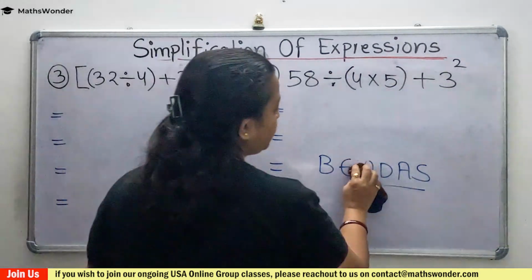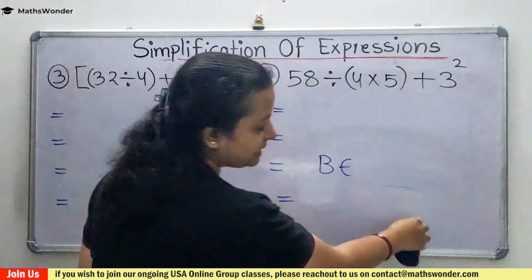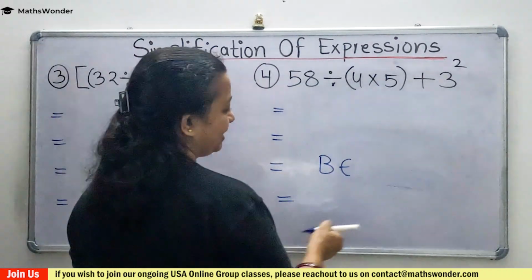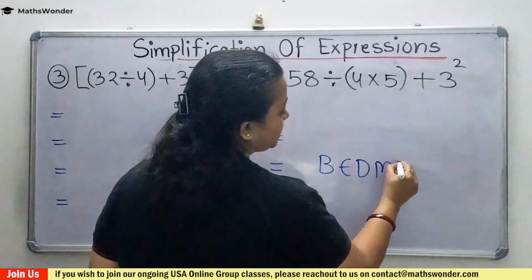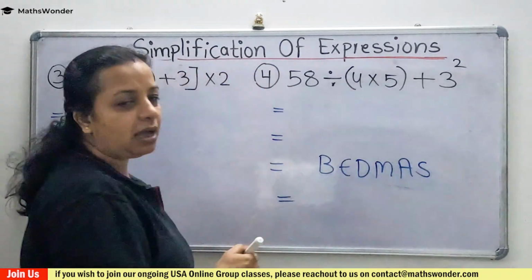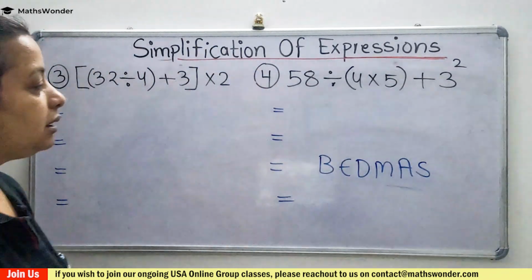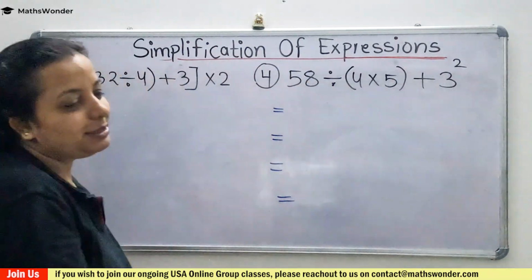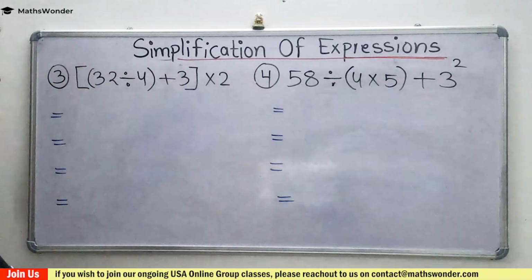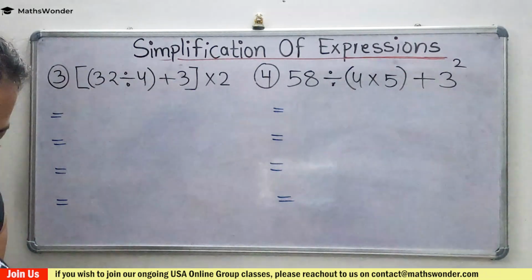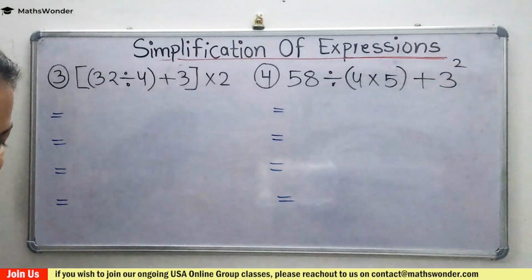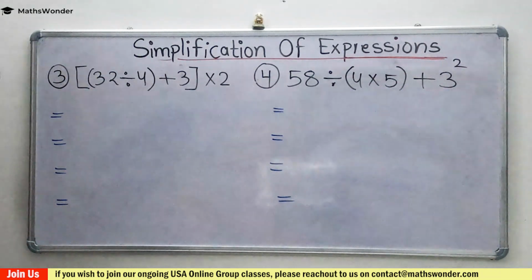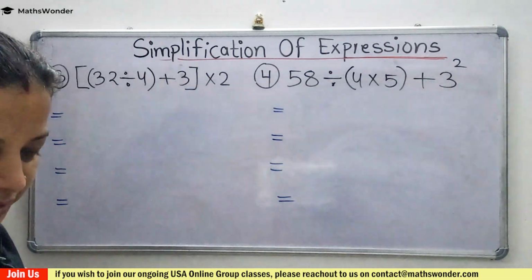Yes, BODMAS. Sorry. So BODMAS is almost the same as PEMDAS. So basically all are the same. There is no difference. B stands for brackets. E stands for exponents. Exponents means powers and roots.